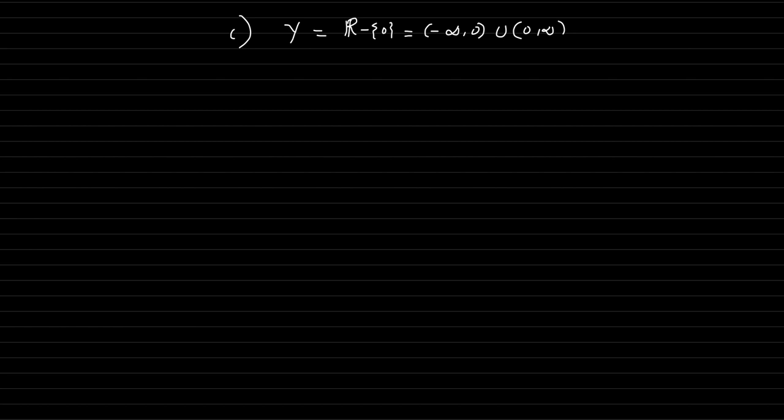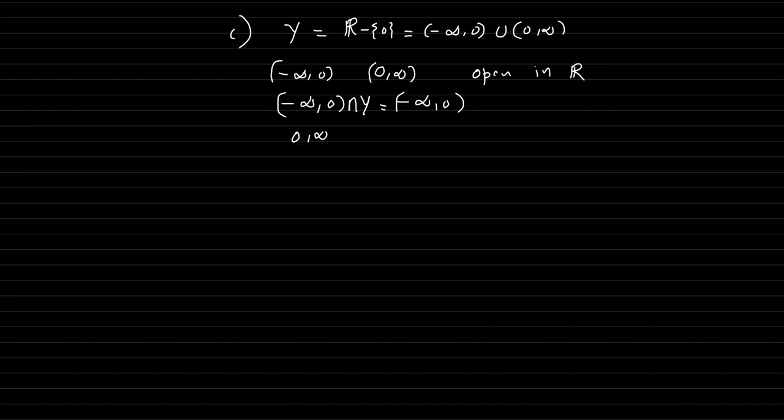Then we have (minus infinity, 0) and (0, infinity) are open in R. Therefore, (minus infinity, 0) intersection Y, which is equal to (minus infinity, 0), and (0, infinity) intersection Y, which is equal to (0, infinity), are open in Y. So these two sets are open in Y, and these two are non-empty sets with Y equal to the union of these open sets.